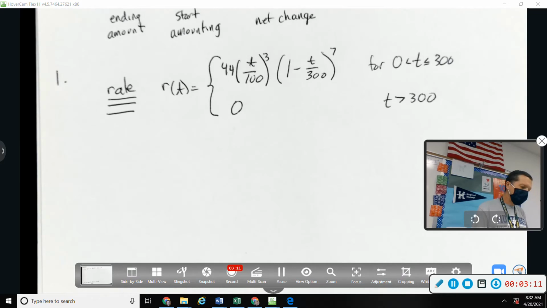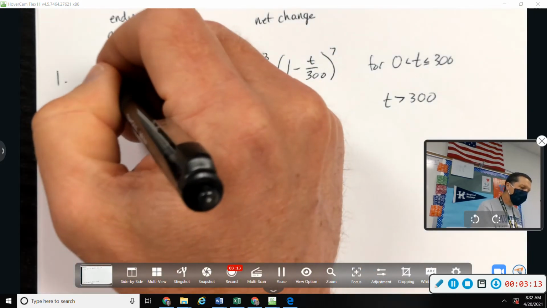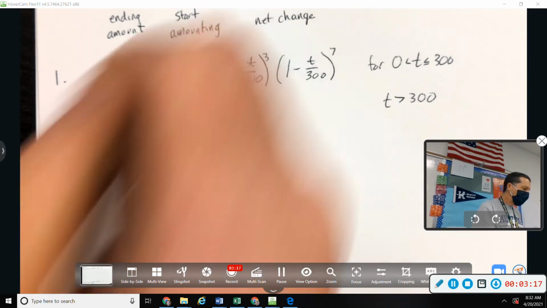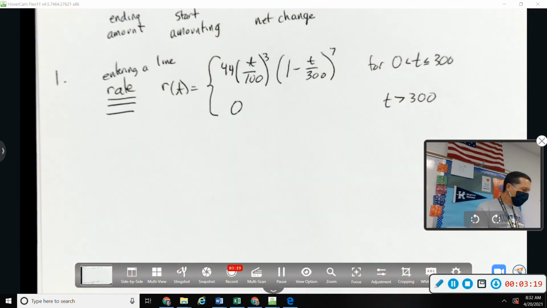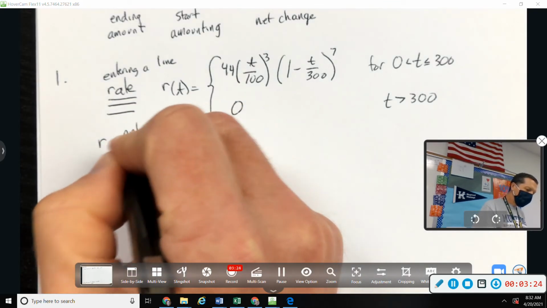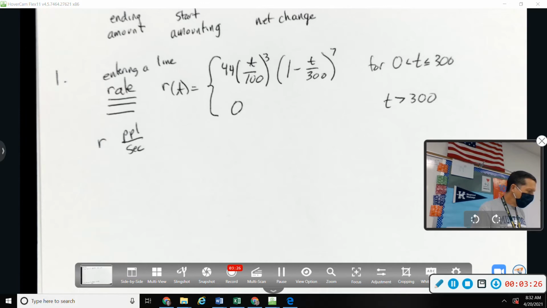People enter a line. So this is people entering a line, where R is measured in people per second. As people get on the escalator, they exit the line at a constant rate of 0.7 persons per second.